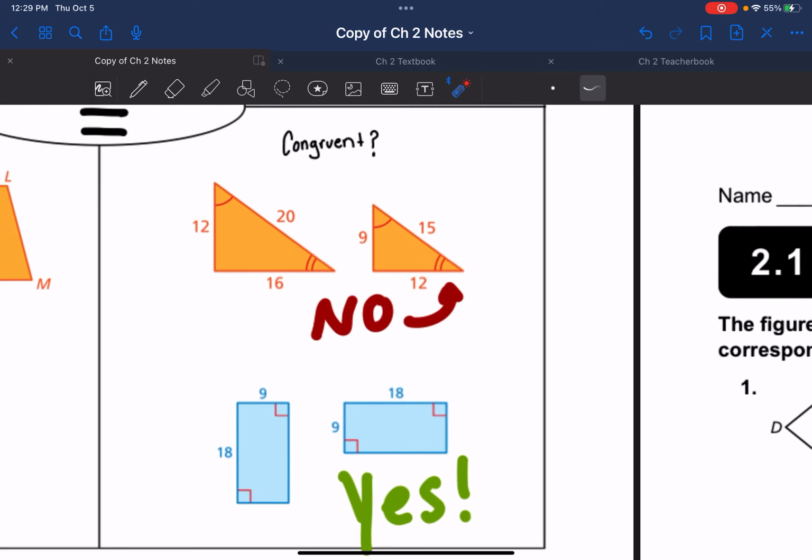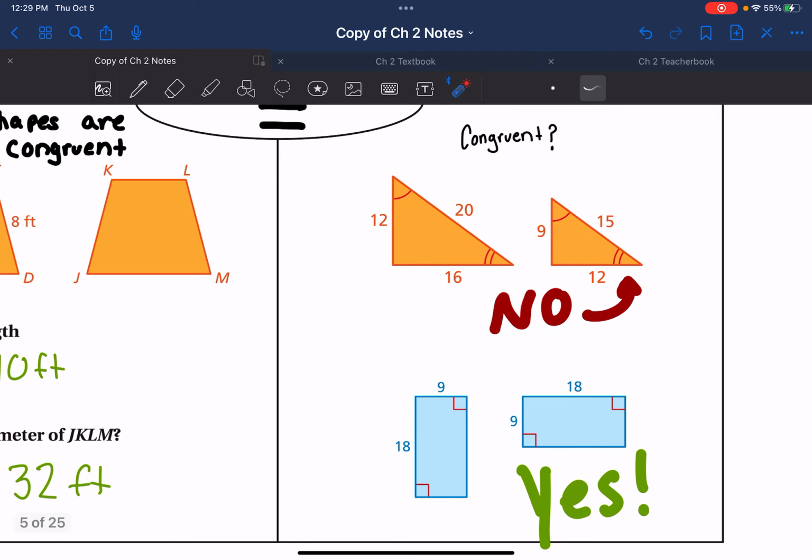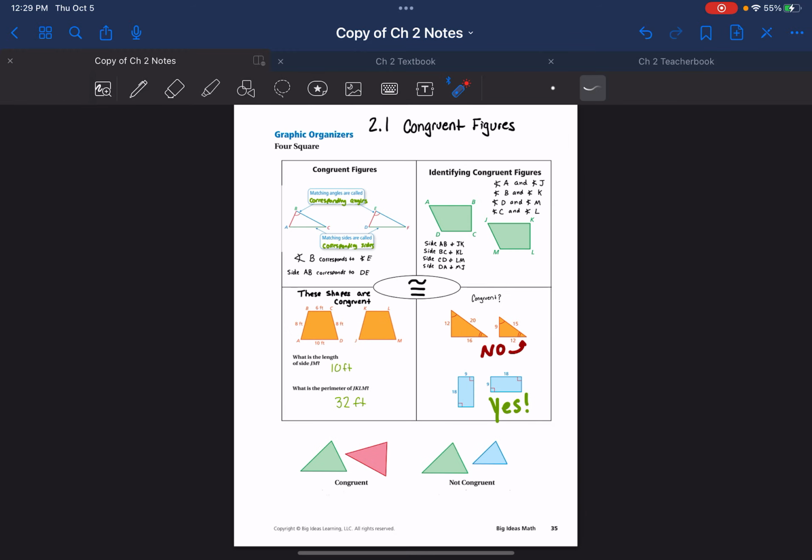For example, when we looked over here, are they congruent? We said this was a no, because it was same shape, but not the same size. And we could tell it wasn't the same size because of all of these different side lengths, right? Now down here, we knew that these were congruent because they were the same size, same shape, just tipped over. Remember, congruent, same size, same shape.